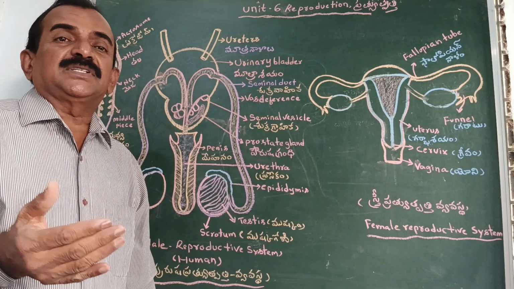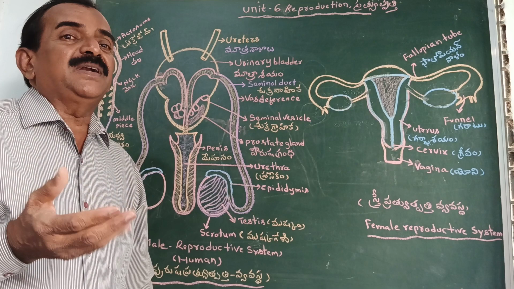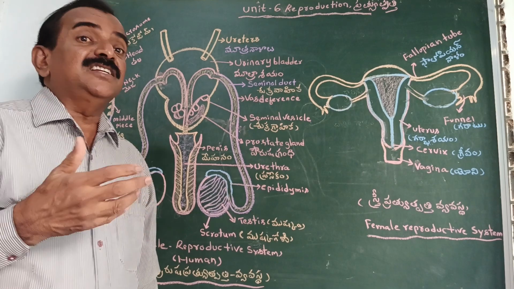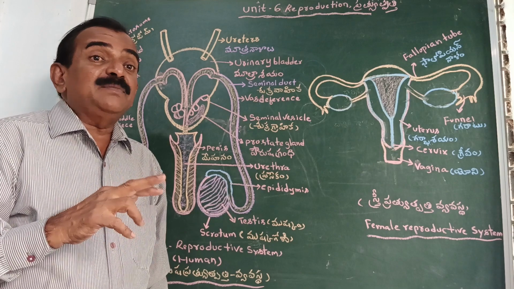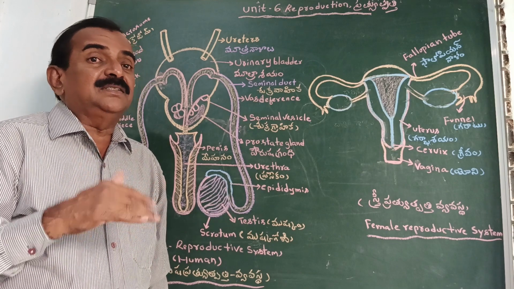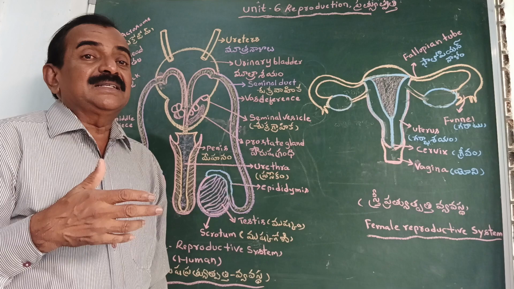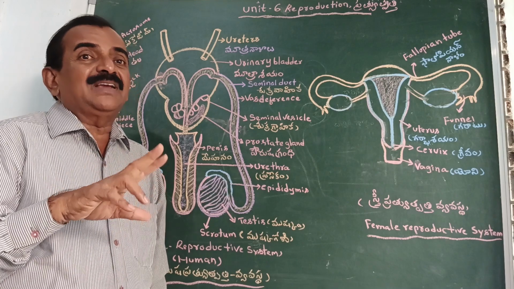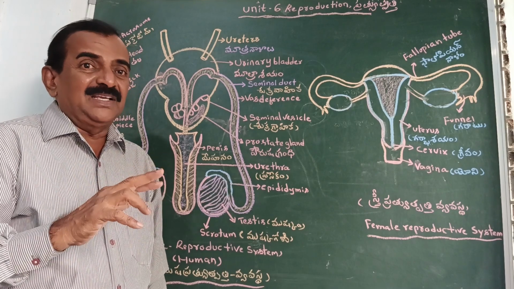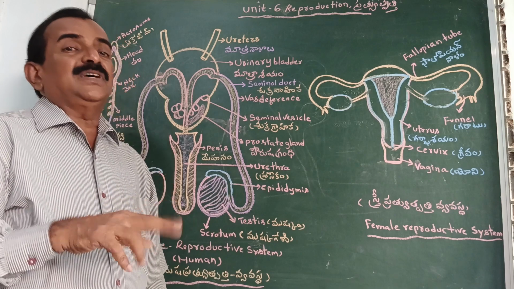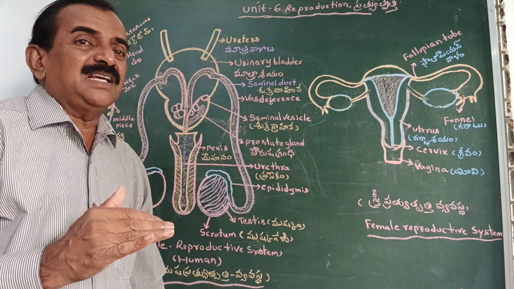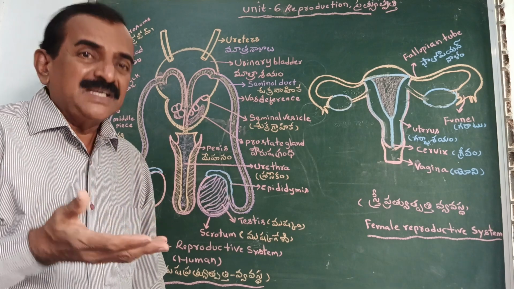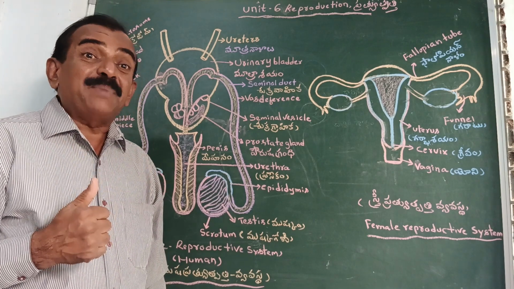Next, sexual reproduction. In sexual reproduction, there is involvement of gametes. Male and female species are required, and both parents produce gametes.